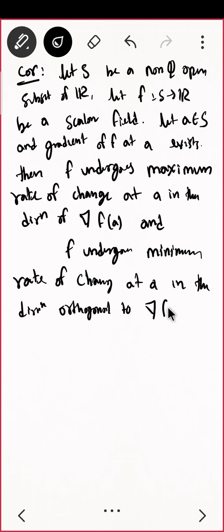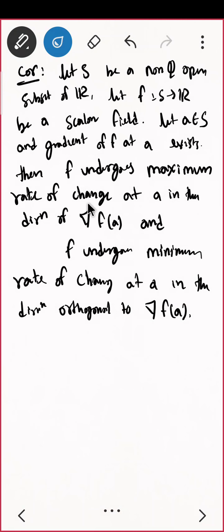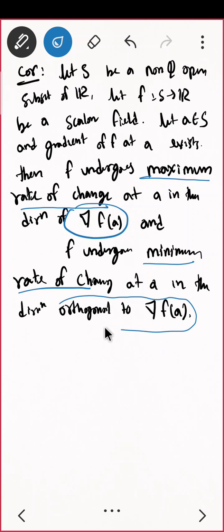You just remember these two things. If somebody asks when does f undergo maximum rate of change, it is in this direction, and minimum rate of change in the direction orthogonal to del f.